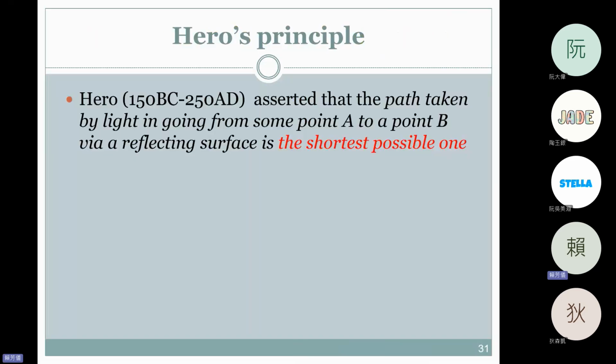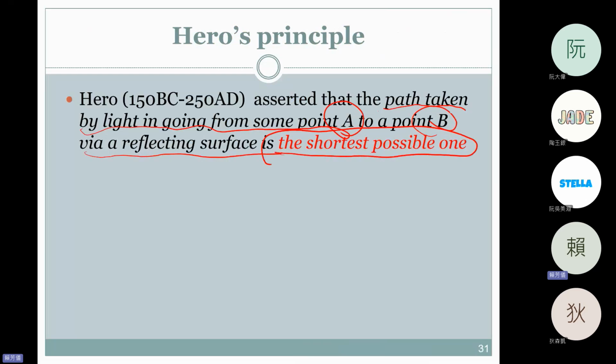Here we mention Hero's principle. This is Hero of Alexandria. He said that the path taken by light in going from one point A to point B should be the shortest possible one.